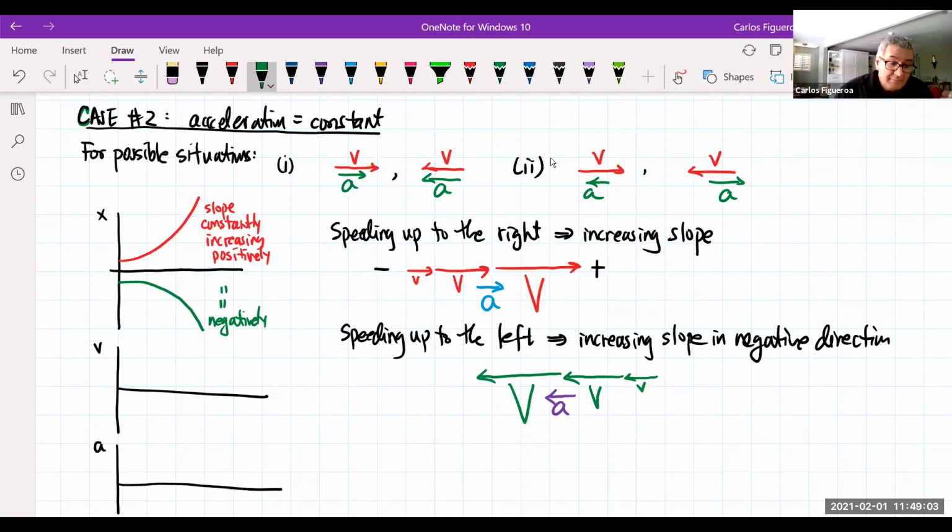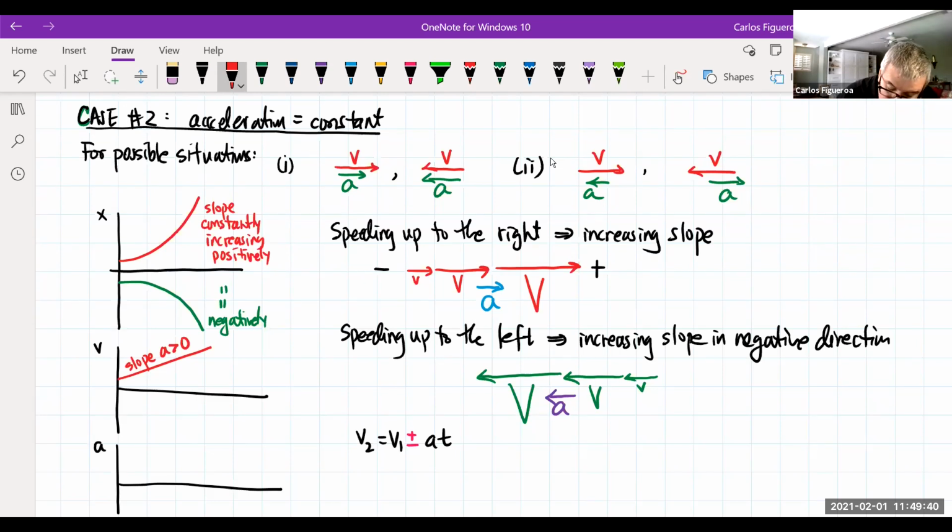So what does that mean? Well, according to our equation, if velocity is changing, then velocity must be plus or minus AT. So if I have a positive increase in velocity, then the slope of this is positive. So in other words, A is positive.